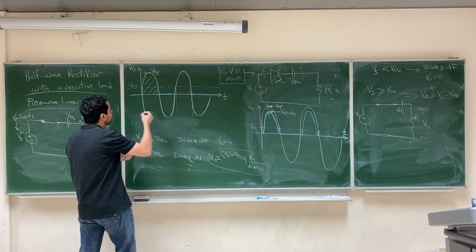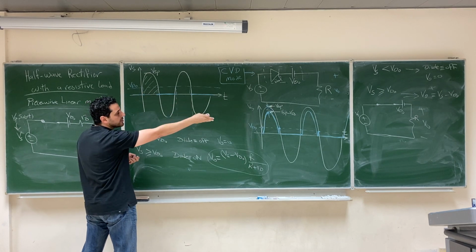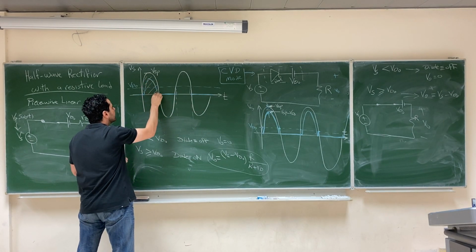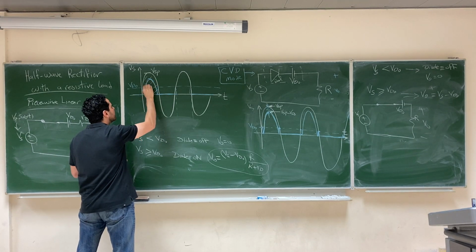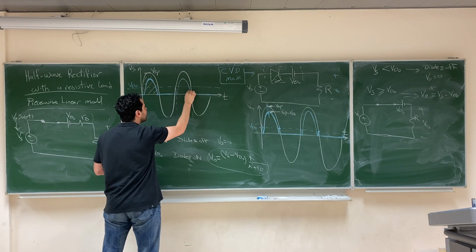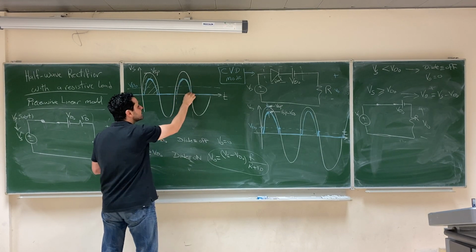And here, again, if you want to plot or sketch V output, you will find that it will be very similar to this. However, the peak will be a little bit smaller. So the voltage itself will be a little bit smaller than in the previous case. Why smaller again? Because we are doing a voltage divider between R and RD, right?